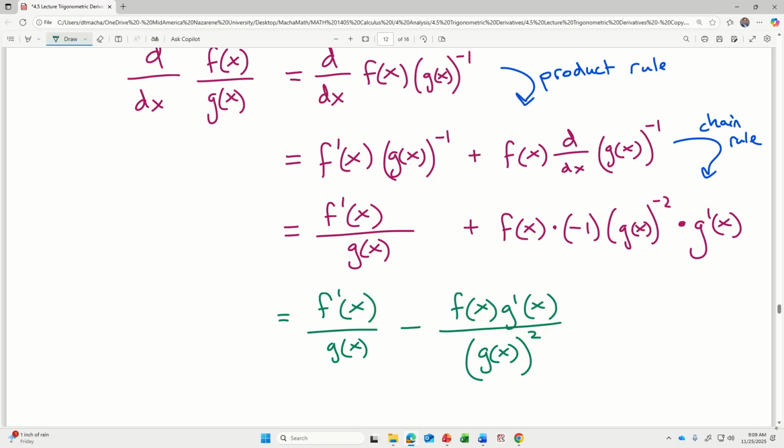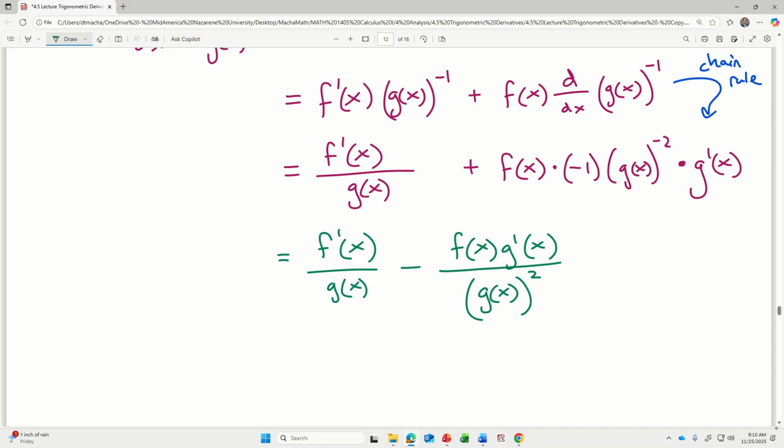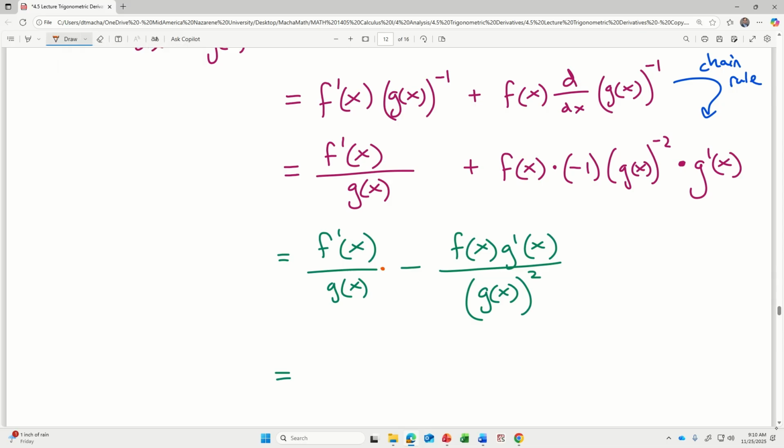And I'm almost there. I'm almost at my answer here. The last thing that I need to do to get the familiar form of my derivative quotient rule is to find a common denominator. And finding a common denominator means I multiply this first fraction by g of x over g of x.